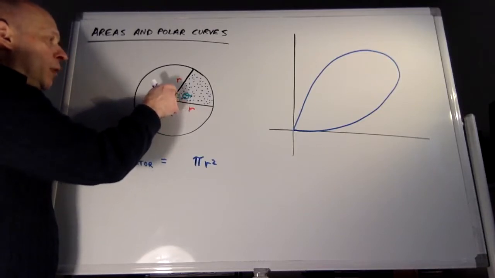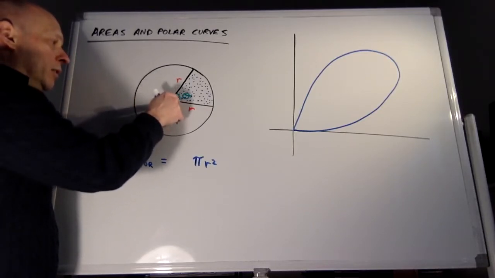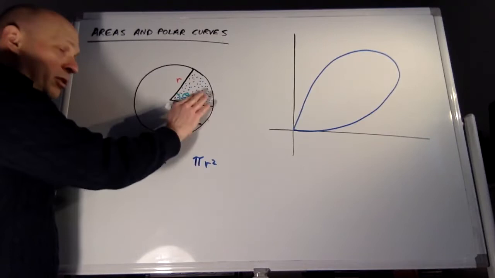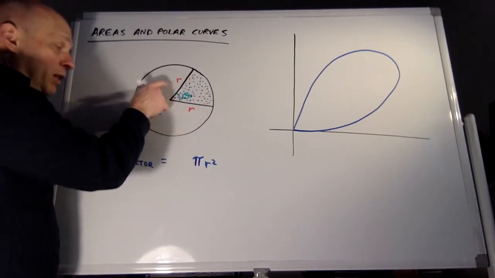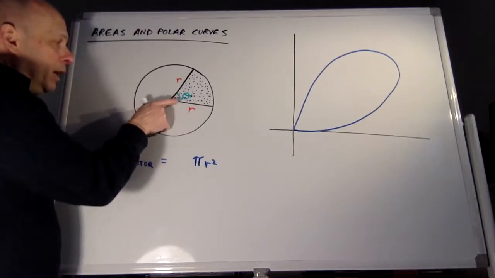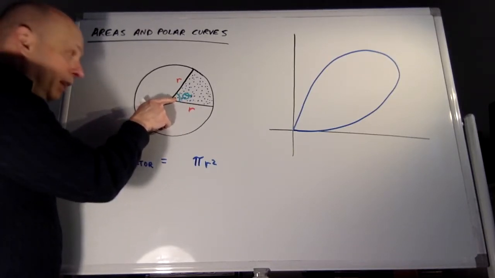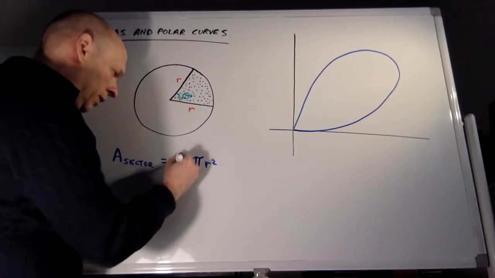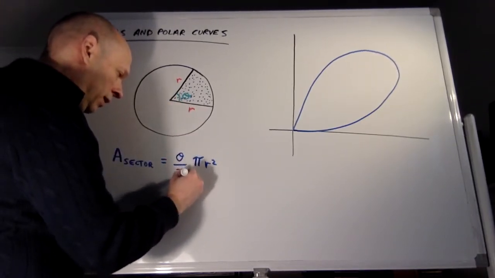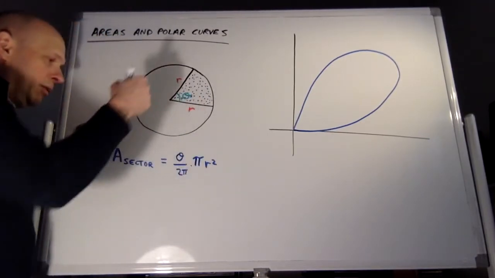If we went all the way around with our theta, then our sector would be the entire circle. But here, we're not going all the way around. We're not going 2 pi radians. We're going theta out of 2 pi radians. So the area of the sector would be this fraction, theta over 2 pi, times the area of the entire circle.